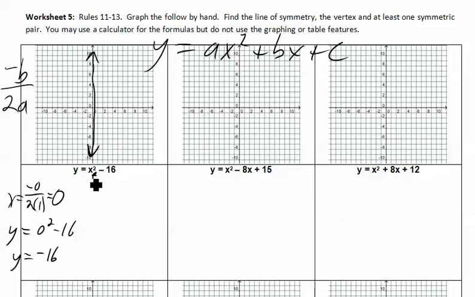Okay? So now we need to find at least one set of symmetric pairs. What I'm going to try is to see what happens when x is equal to 2.